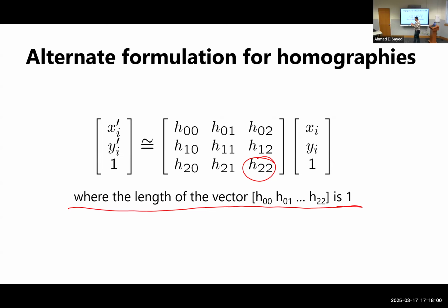So as we stated, linear is a homography. Affine is a homography. But homography is not linear. Homography is not affine.